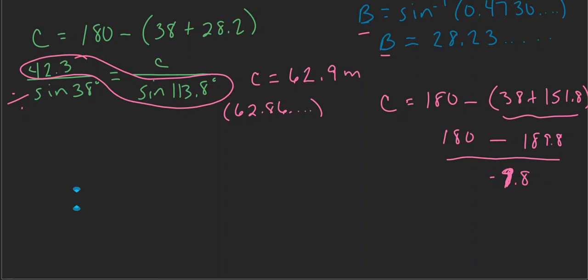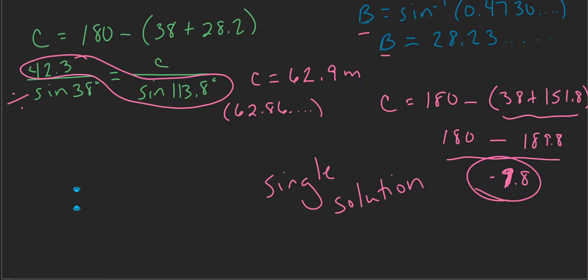So that shows that I have a single solution, because if I try to find a second solution, I end up with an impossible situation. Just like on the first one, where I ended up with no solution because I can't have a sine ratio that is greater than 1. So this was the example of the single solution.